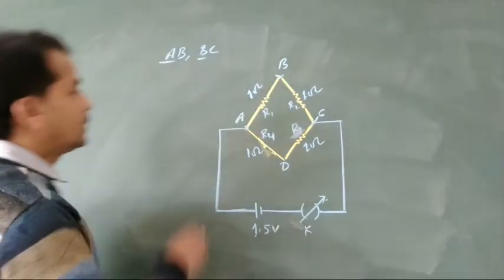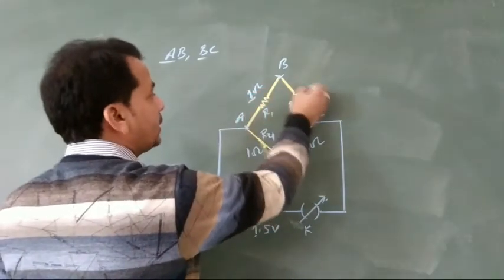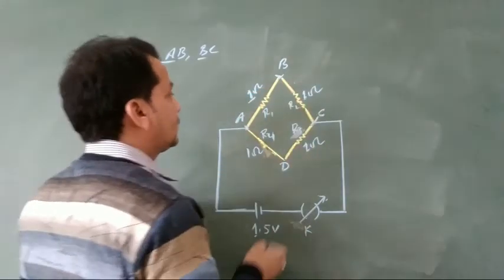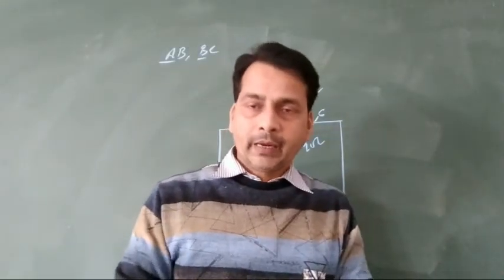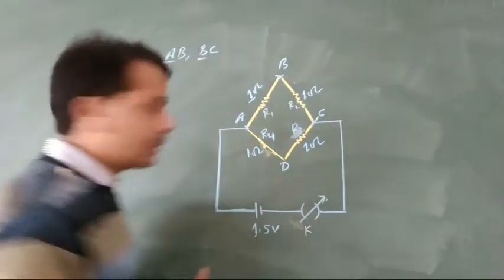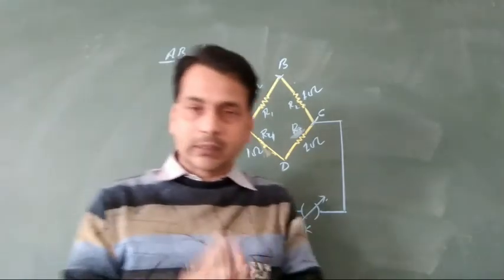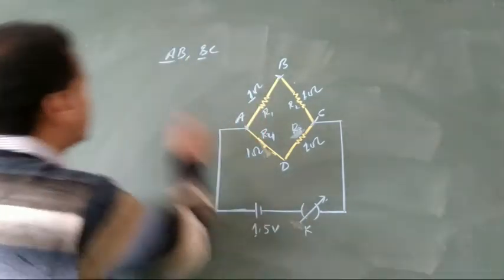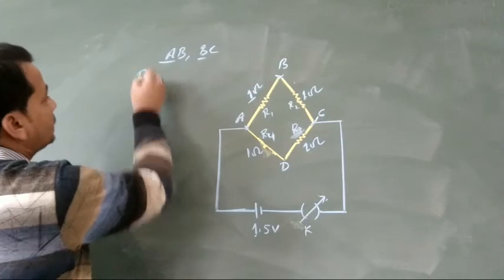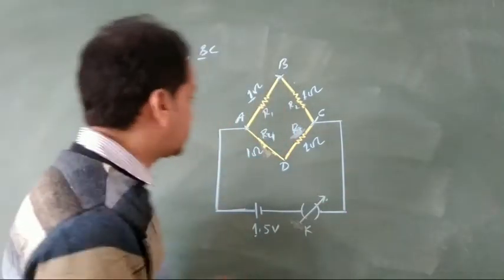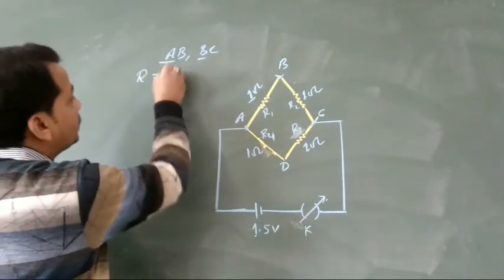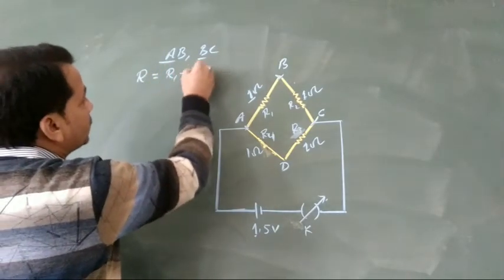AB and BC are in series combination, and according to the series combination, the equivalent resistance R equal to R1 plus R2.